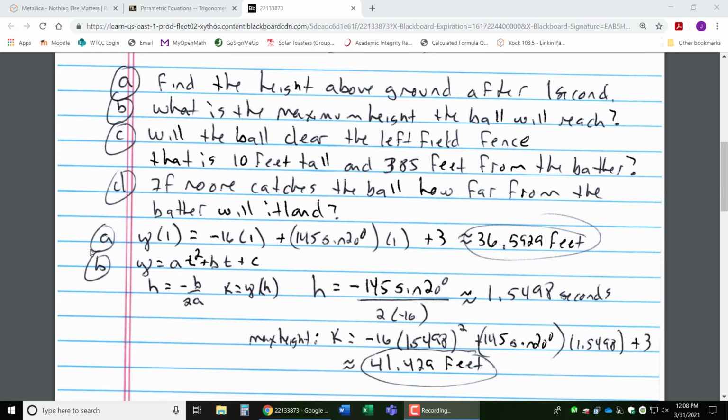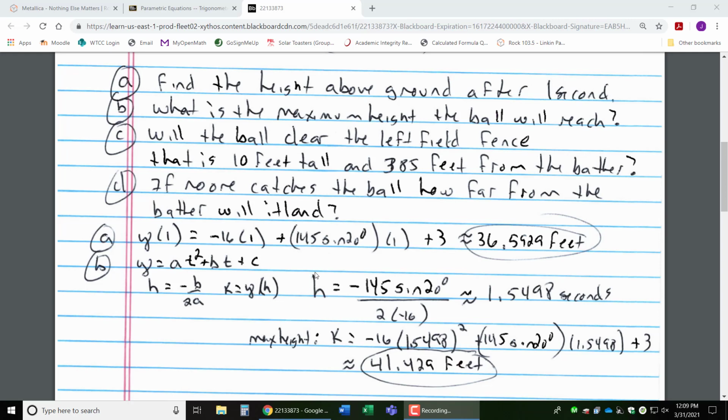For some of the other questions, there are some algebraic formulas that you need to know. So one for the vertex, that's the part B answer. So the H and K are the symbols we used in algebra class, the H representing the input value, in this case time, at that maximum vertex, and the K value represents the output. In this case, it would be the height above ground.